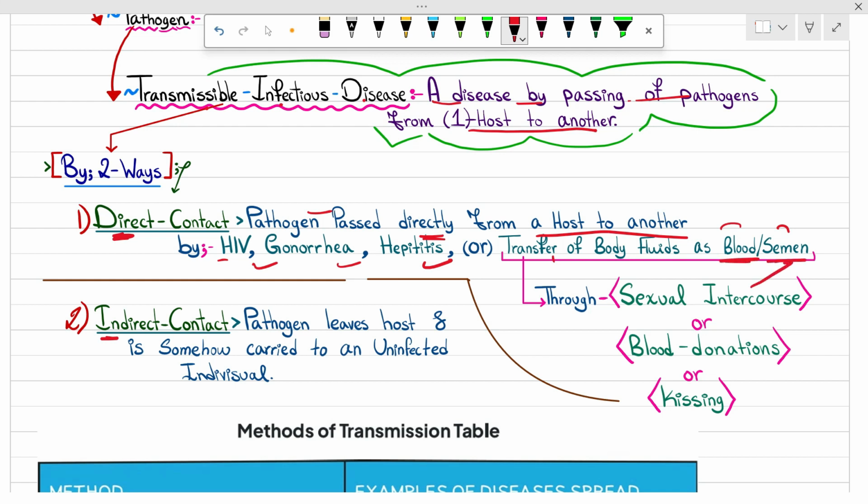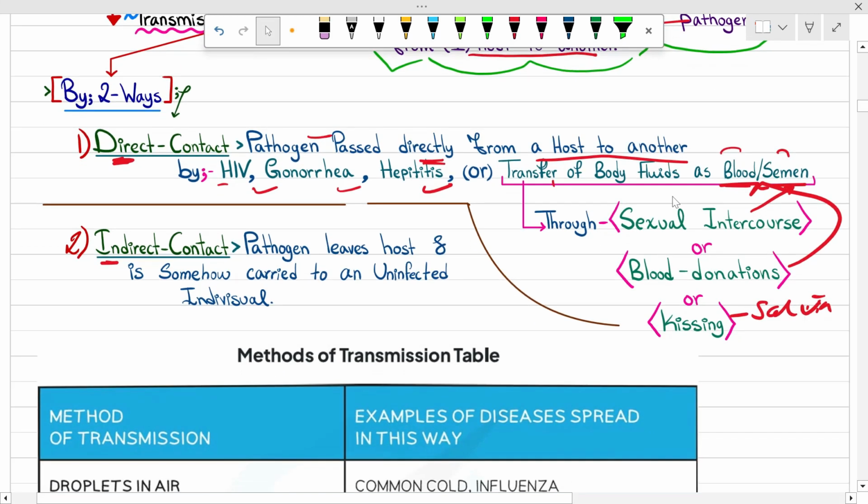Sexual intercourse can transfer semen, blood donations can transfer blood, and kissing can transfer saliva. The second one is indirect contact. In indirect contact, the pathogen leaves the host and is somehow carried to an uninfected individual. So it's any other way aside from the ways that are by direct contact.